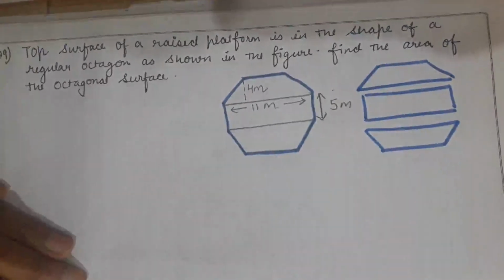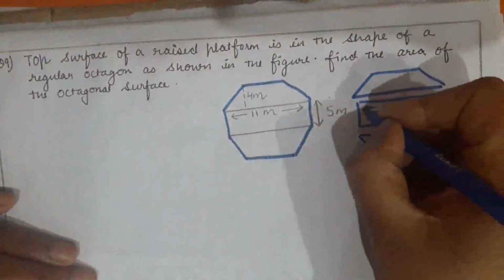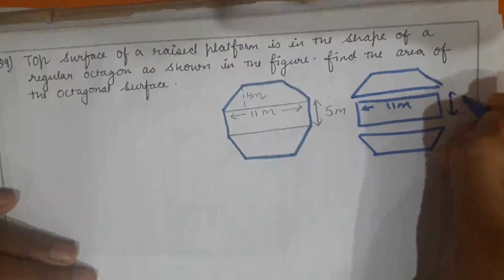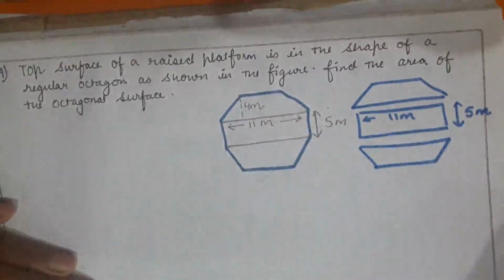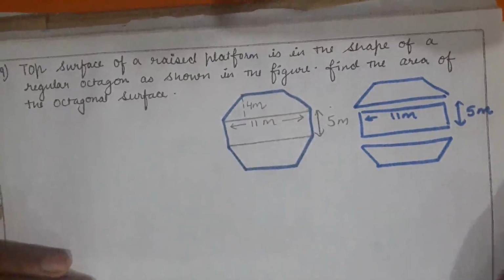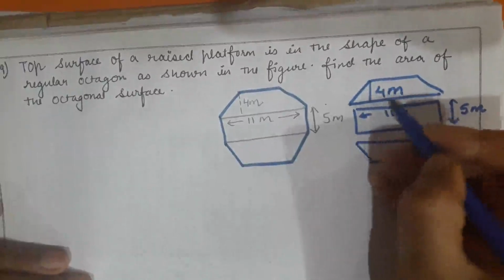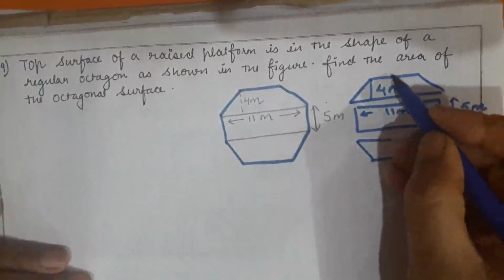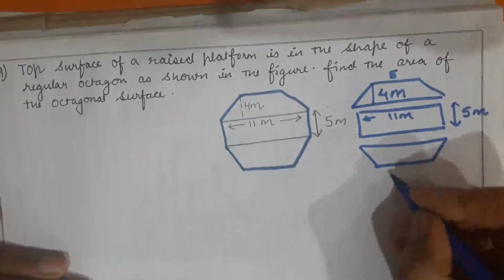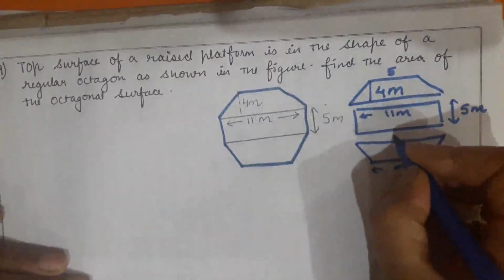This is 11 meter, already given, and this is 5 meters. For the middle diagram, length and breadth are given to us. For this trapezium, height 4 meter is given, and this is 5 and this base is 11. The same measurement we have with the other trapezium.